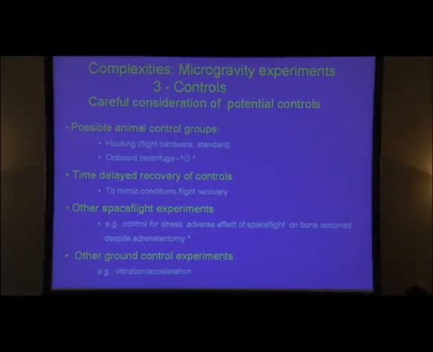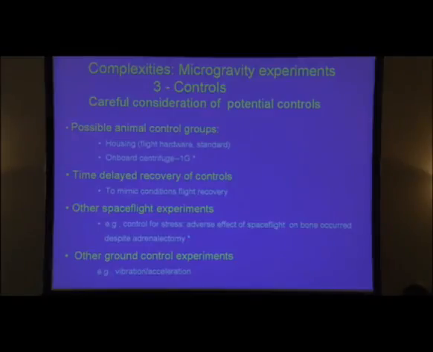As in any scientific investigation, what's key is selection of controls. I want to briefly mention the different kinds of controls you can think about in trying to define the influence of microgravity on vertebrates.